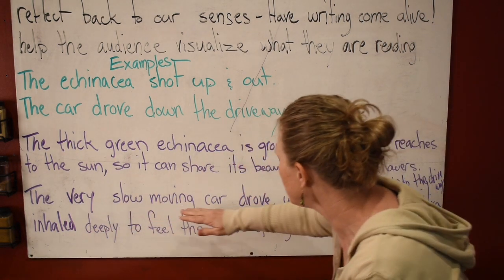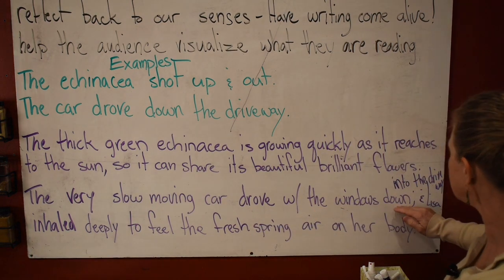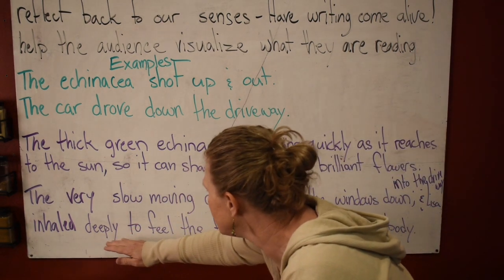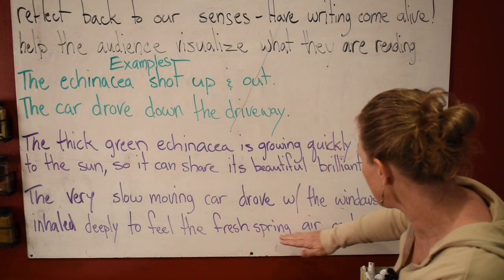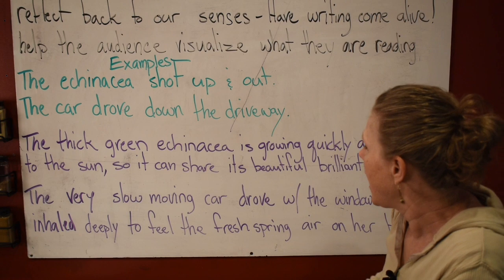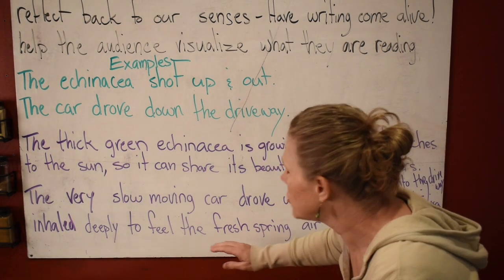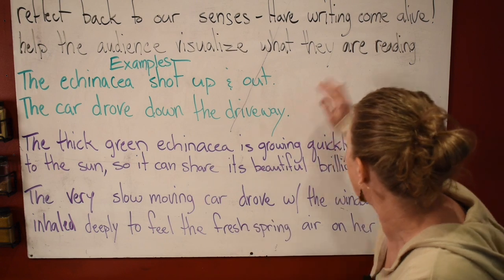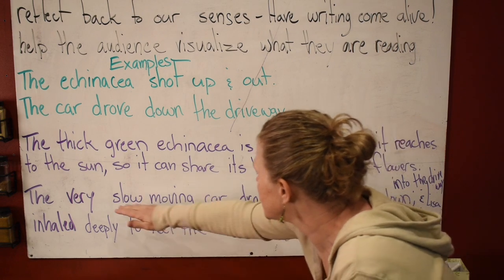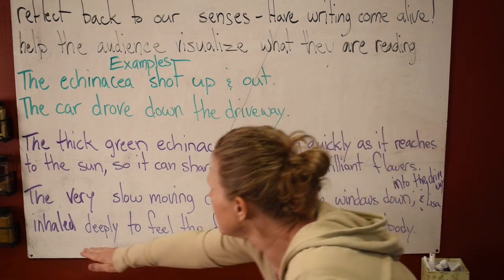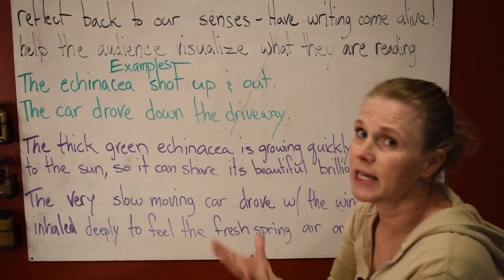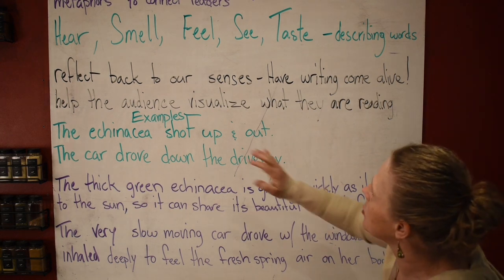The very slow moving car drove with the windows down into the driveway, and Lisa inhaled deeply to feel the fresh spring air on her body. See how you're changing things as you're adding things. You're using a lot of describing words to be able to feel, to see, to inhale. You can taste the air, and also you're able to hear the birds singing.